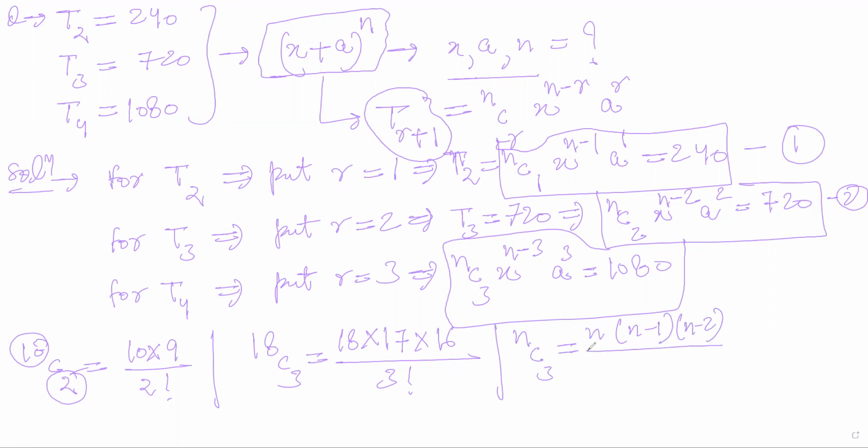By 3 factorial, correct. So why did I tell you this? Because you will need this in expanding NC3 and NC2 and NC1. You got 3 equations, try to solve them. First, write this down. You have 2 minutes to solve this.